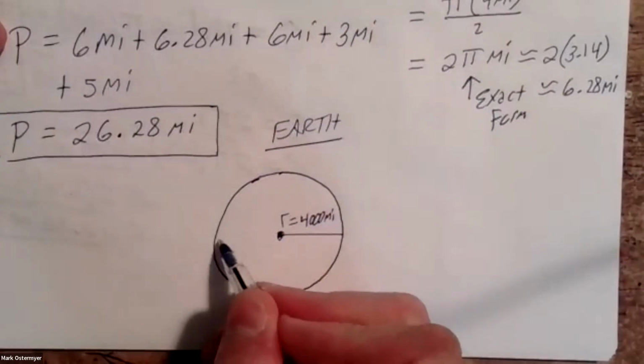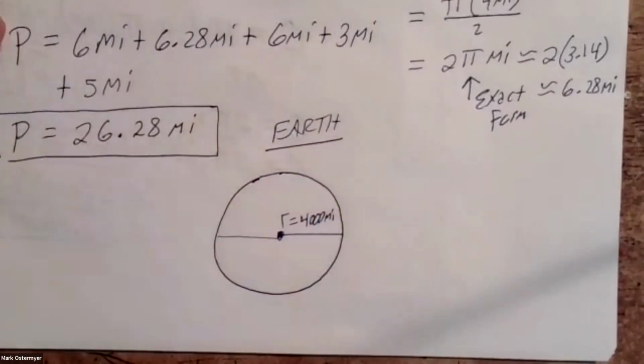So therefore, the diameter of our Earth would be what? What would be the diameter of our Earth? If the radius is 4,000 miles, what's the diameter? How many miles is the diameter?